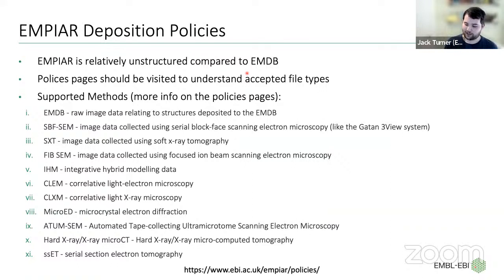The general rule is that we have to be able to open the file to check it. So if the file type that you're using is not in the list of accepted file types, please just communicate that to the EMPIAR team, and they will work with you to get these files into the archive, making sure that they can open them to check them. So don't worry if it's missing, just communicate with them and they'll be able to help you out.